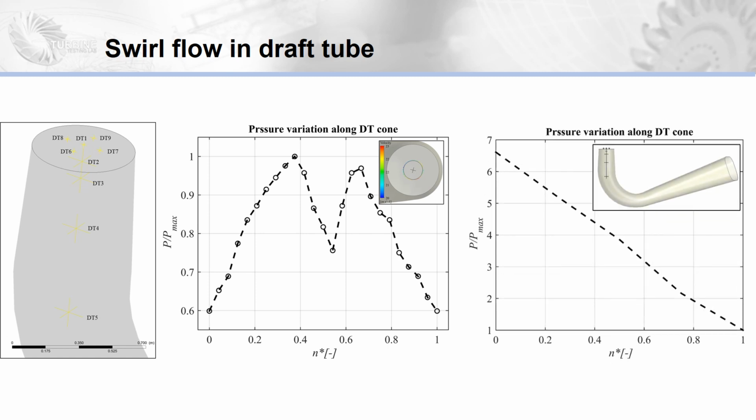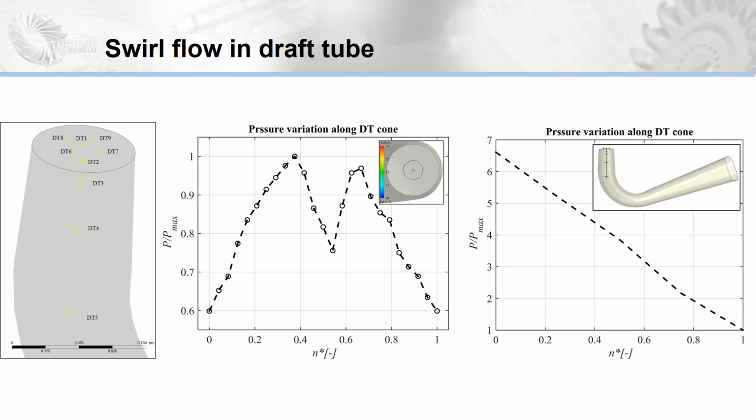In the next figure, the variation of pressure along the line at the center of the draft tube cone is shown. In this figure, 1 represents the inlet of the draft tube, whereas 0 represents the outlet. The pressure in this case is normalized by the maximum pressure.